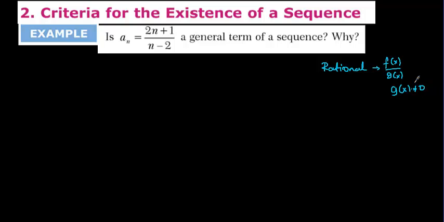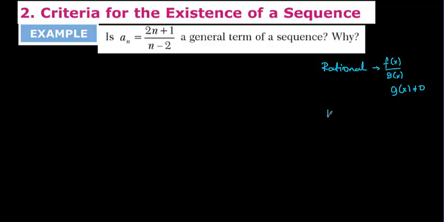If g(x) is equal to 0, it means that the function is undefined. So if there is a term that gives us a denominator of 0, then this cannot be defined, and this cannot be a term of the sequence.